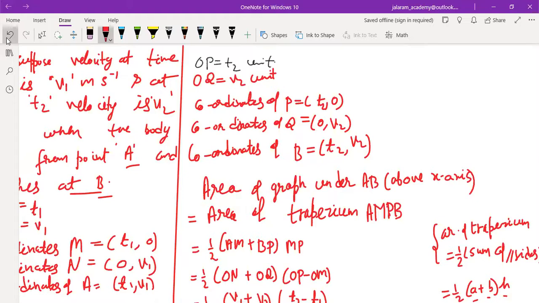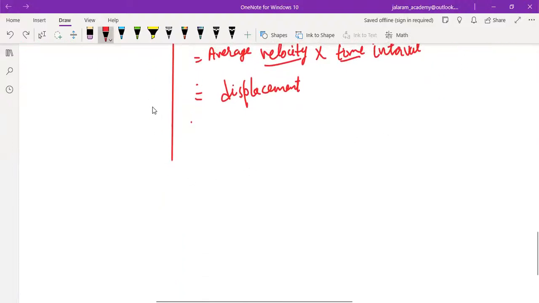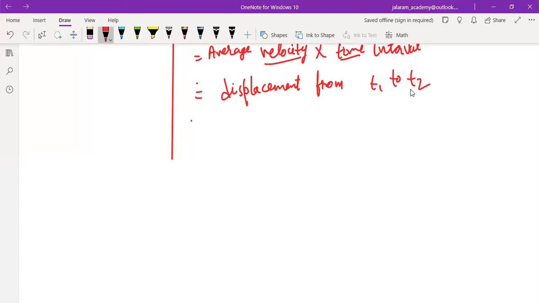Displacement between any 2 points is obtained by the area of the graph above the x-axis or above the time axis. Or we can say the area between velocity time graph and the time axis gives the displacement of a body for a given time interval. Displacement from T1 to T2 or displacement from A to B.